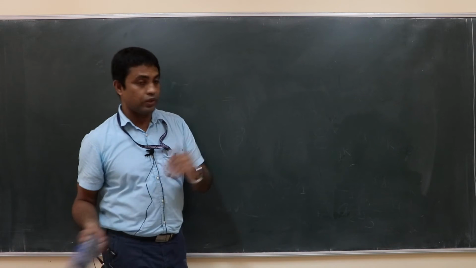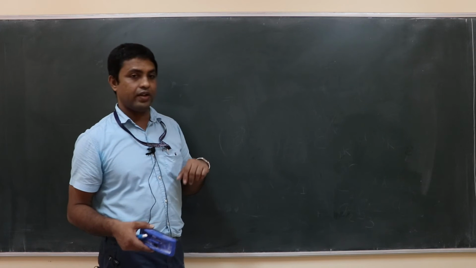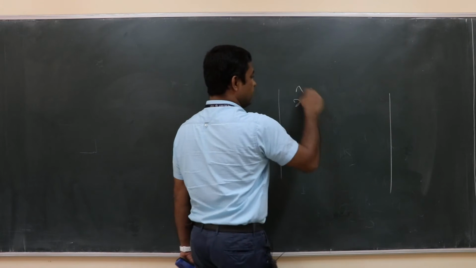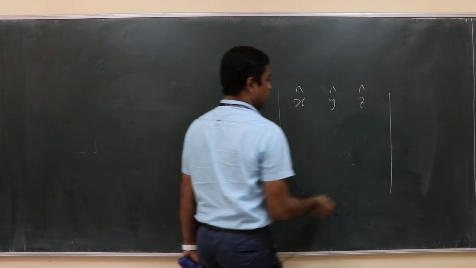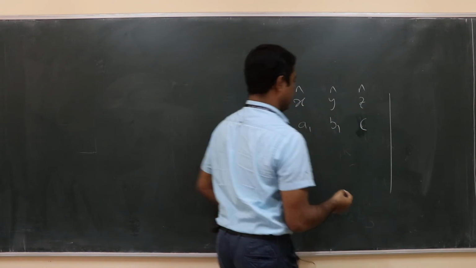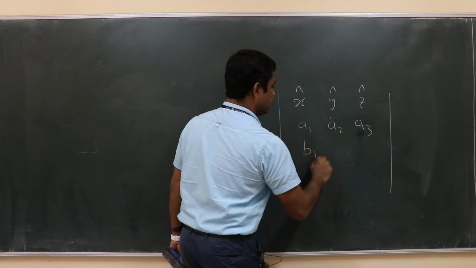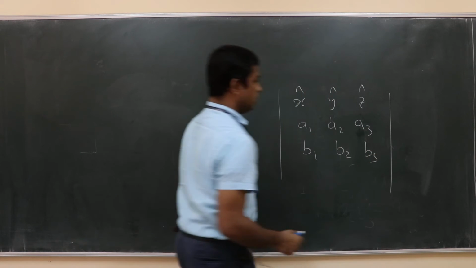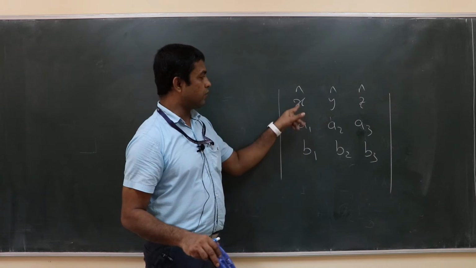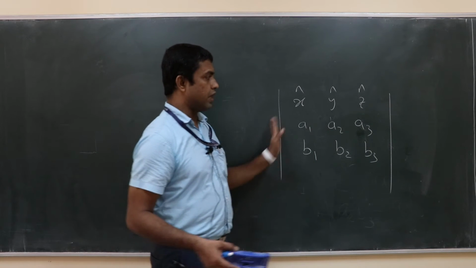So inherently you say that this is not a determinant. What you do is you write x cap, y cap, z cap, and then A1, A2, A3 and B1, B2, B3. Then you write x cap (A2 B3 minus A3 B2), and like that you have to write down.